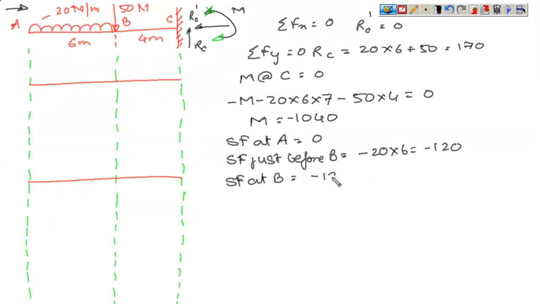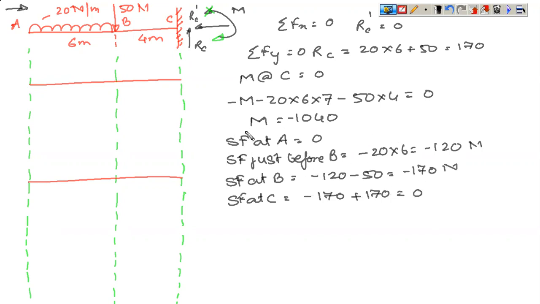SF at B is minus 120 minus 50, which is minus 170. All are in Newtons. And SF at C is minus 170 plus 170, which is equal to 0.